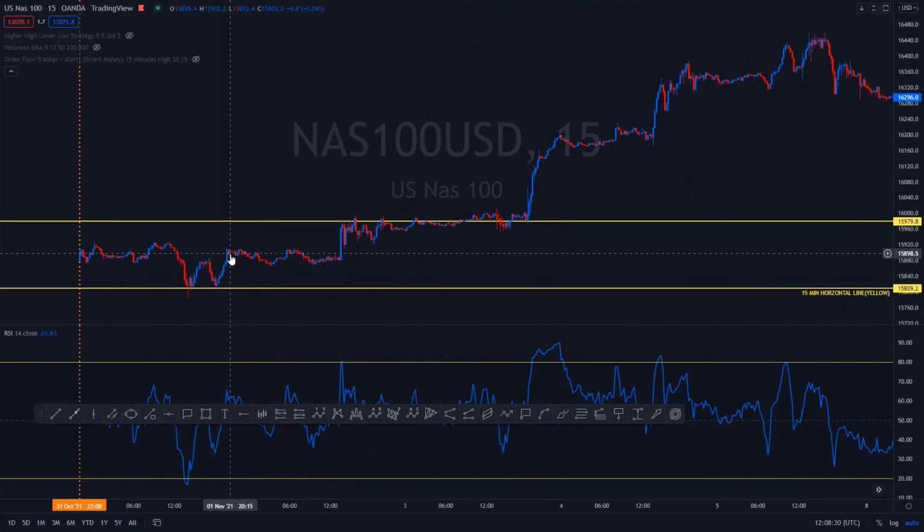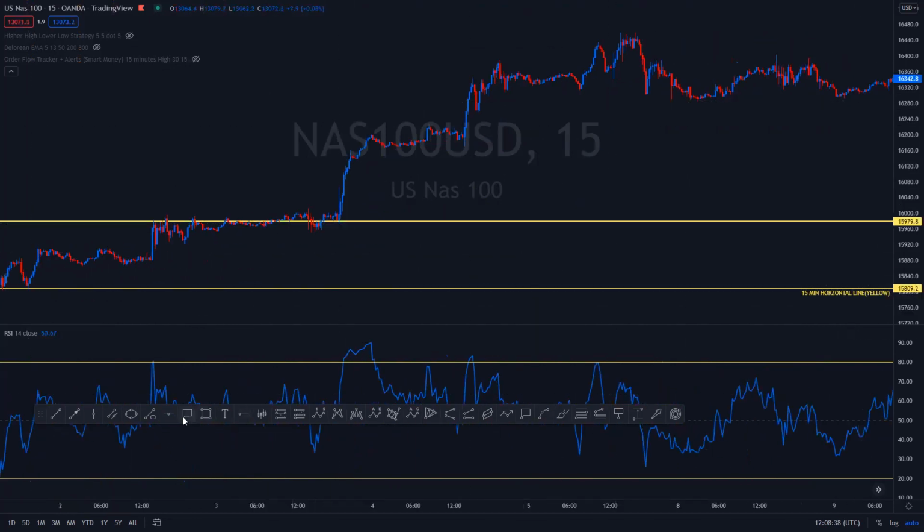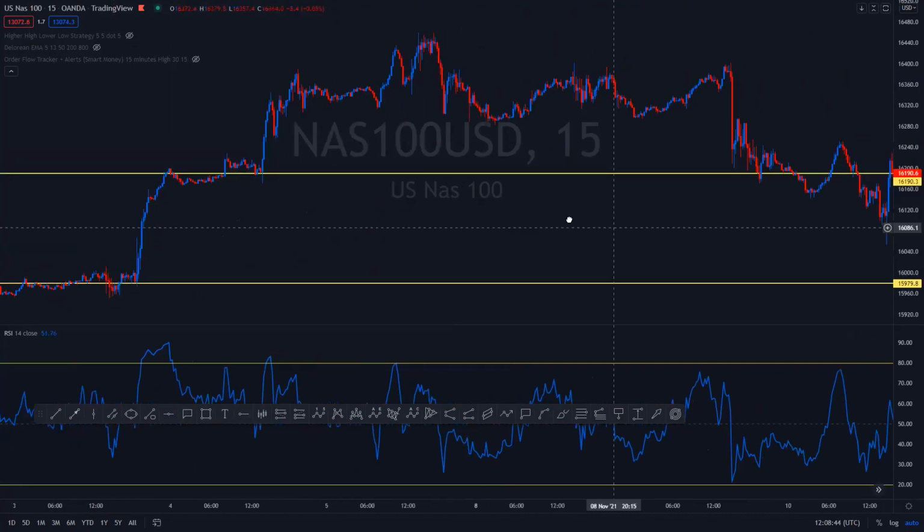You see there's a huge imbalance move here. Price respected this support twice, so this is a liquidity area, so this is a good spot, as well as here. Mark it up here as well.